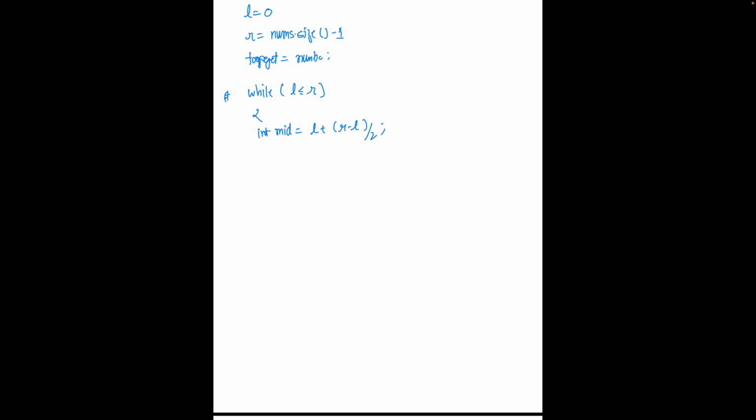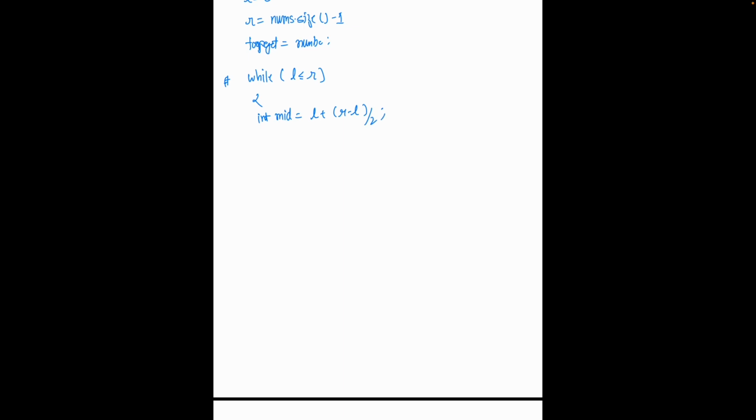Once you calculate the mid, we can quickly do three O(1) checks. If nums[mid] is equal to target, then return mid.